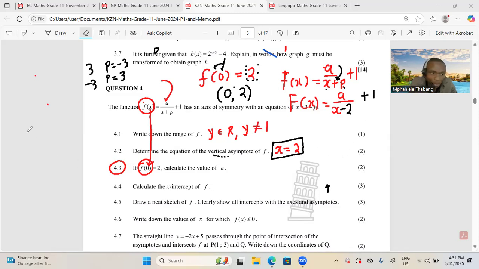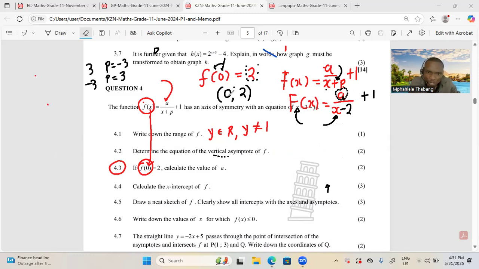So now we can find this a. Remember, we want to calculate this a guy. How are we going to calculate a? We are simply going to substitute the x and the f of x in the equation with the point (0, 2).